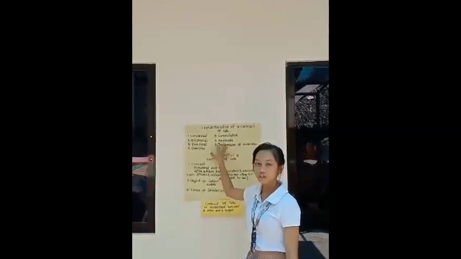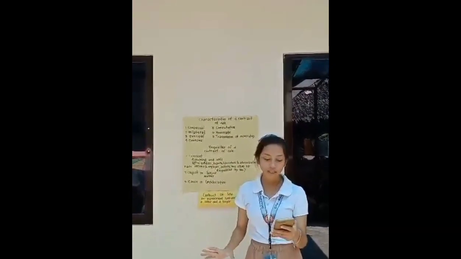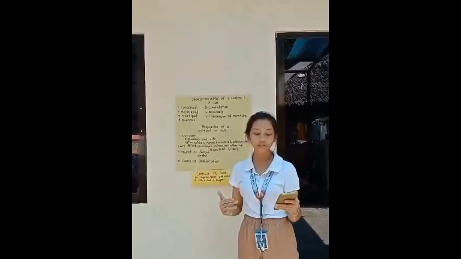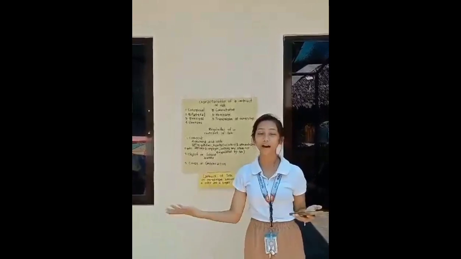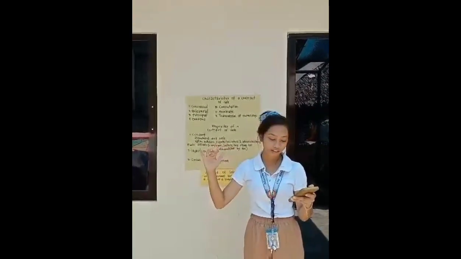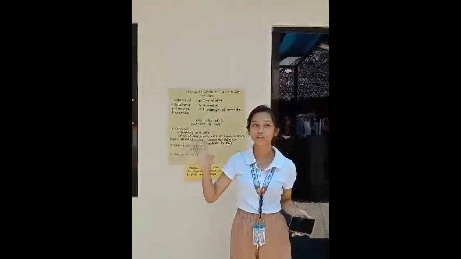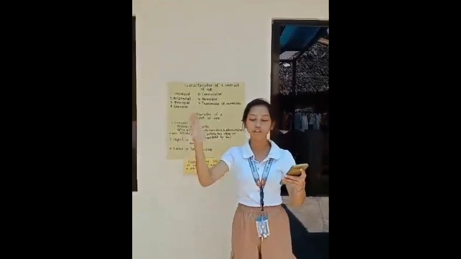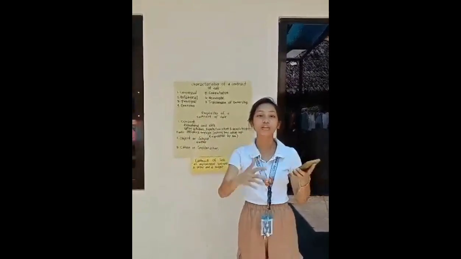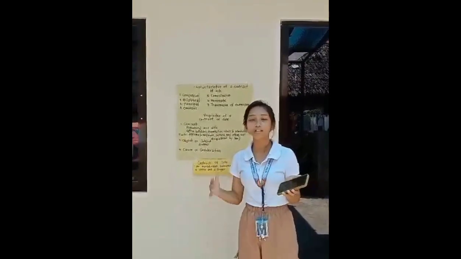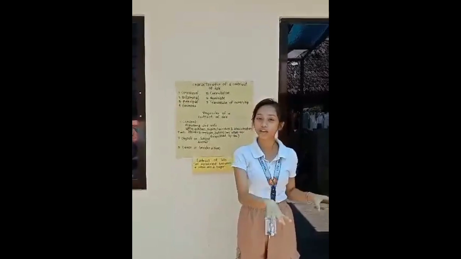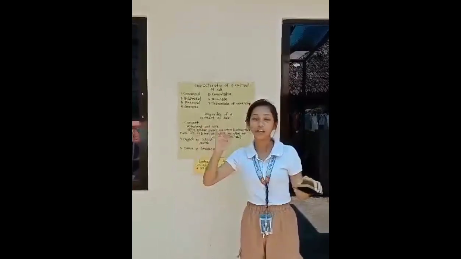The next is the nominate contract. A nominate contract is a type of contract that is recognized and enforceable by law. So for example, the tenant and the landlord. They are under the law, so they both have obligations. Each party does what they are obliged to do.